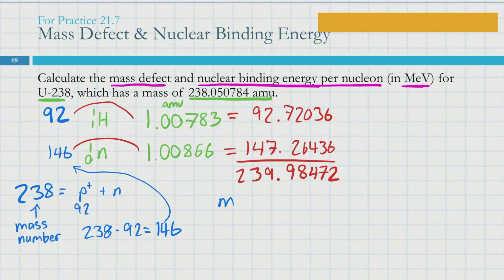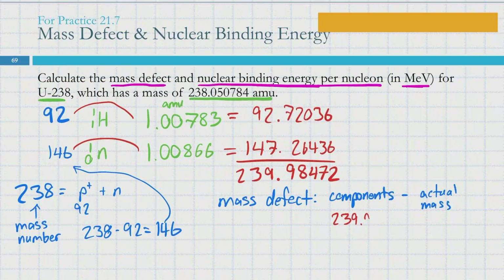Okay, so calculating mass defect. I'm going to call it components, the nucleons, the protons, the neutrons, their sum mass, minus our actual mass. That's the calculation we're doing.